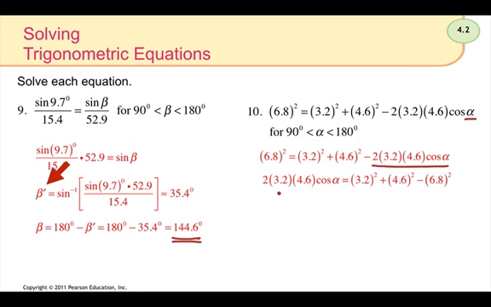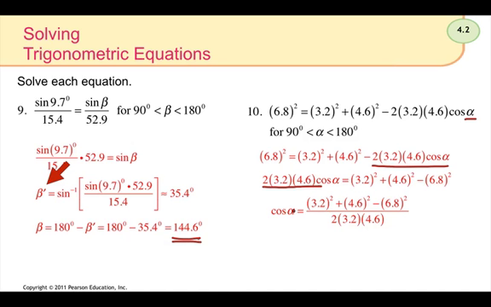At this point, I'm going to divide both sides by 2 times 3.2 times 4.6. Once I do that, this is what I get. And I have cosine of alpha equals whatever this is.